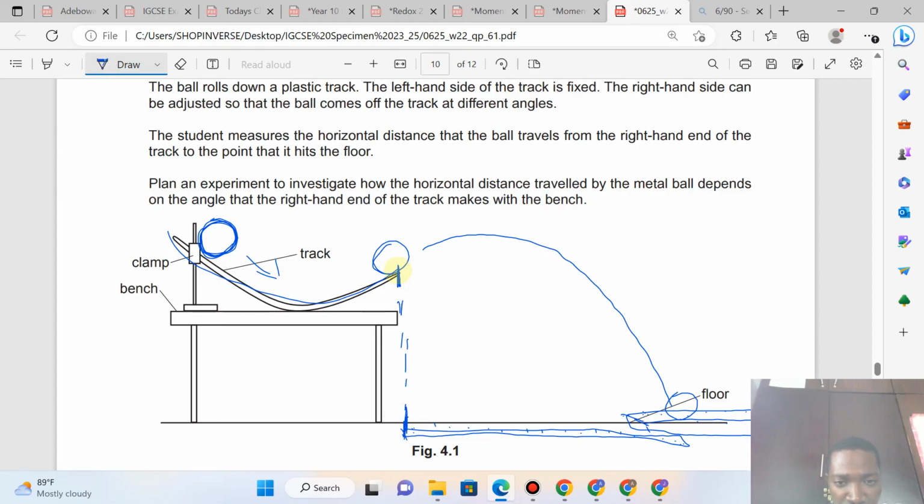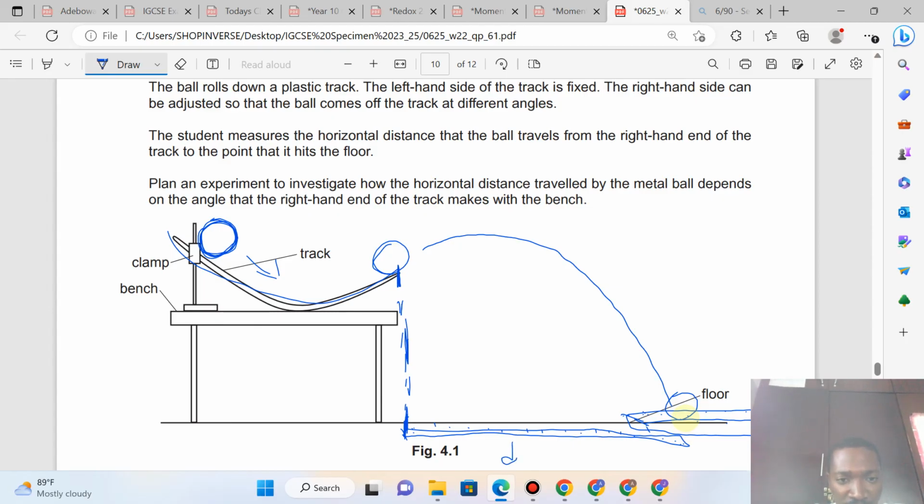Once you get this point, by placing your meter rule vertically, you can use a plumb line, attach a plumb line to your meter rule in order to get it standing perfectly straight. Then you place a meter rule here, from this line you mark on the ground to wherever the ball hits the sand tray. Good. So that's how you get your accurate measurement of the distance traveled.